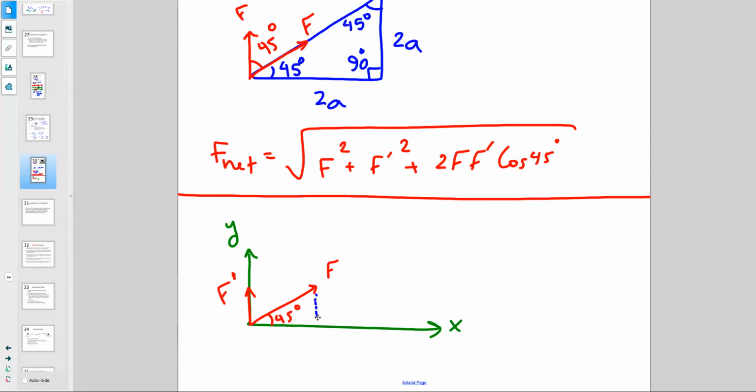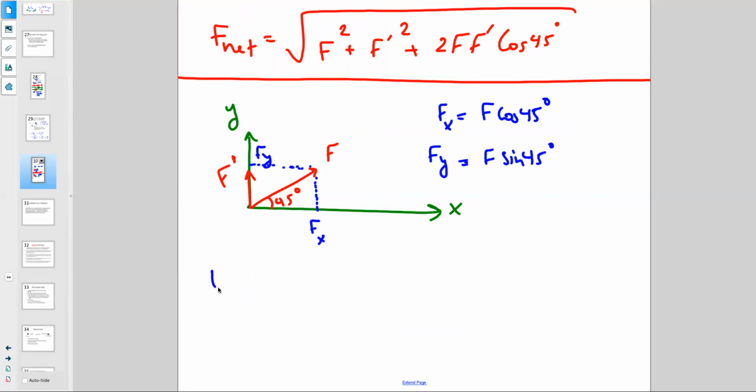So this will have an F sub X, and this will have an F sub Y. So F sub X is F cosine of 45, and F sub Y is F sine of 45 degrees, okay?